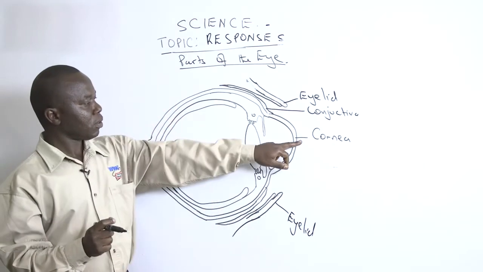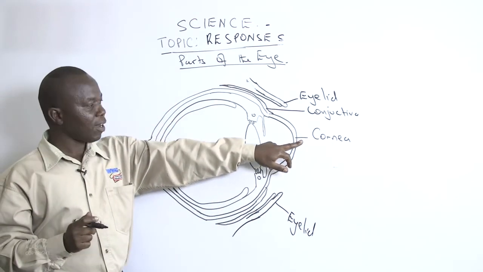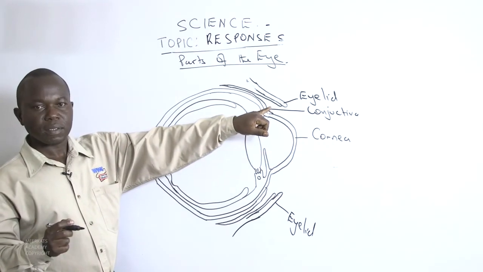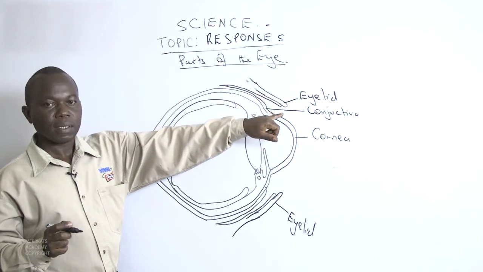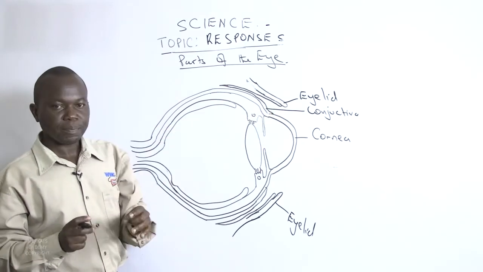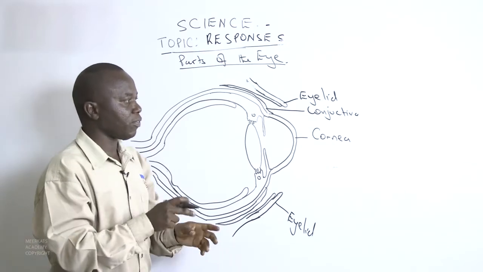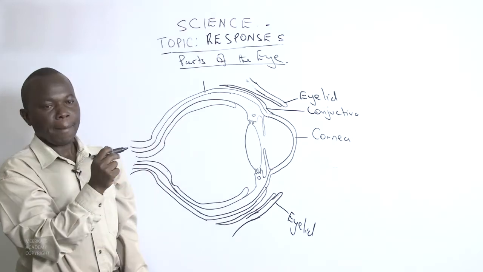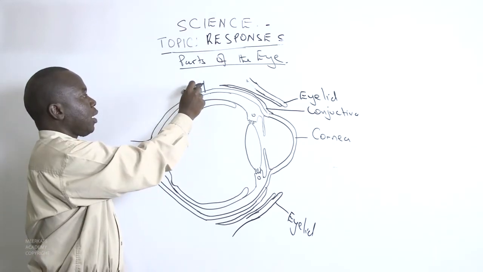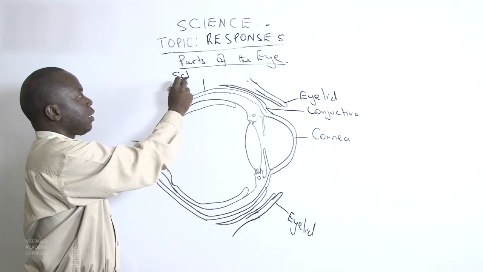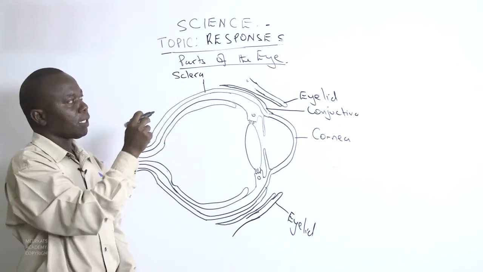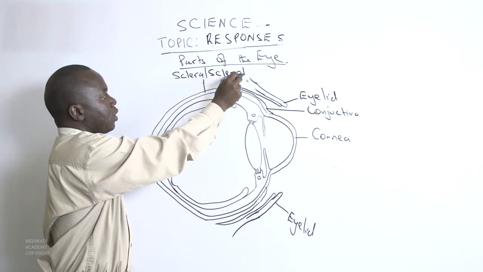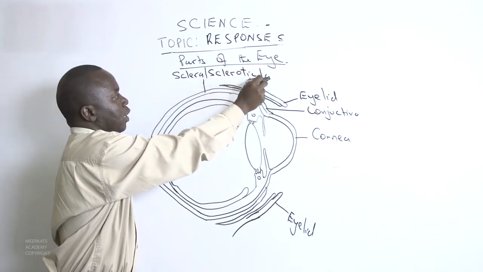So let us go. That transparent curved surface is the cornea. There's a thin transparent membrane made up of some tough connective tissues, the conjunctiva, and then the outer layer called the sclera, sometimes also called the sclerotic layer.